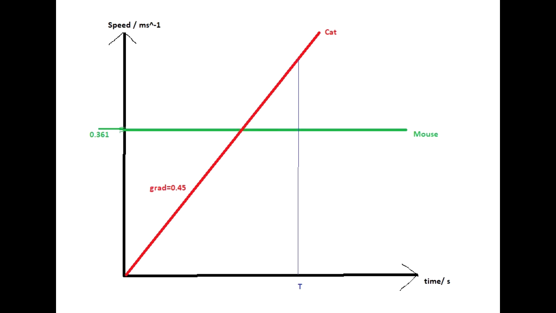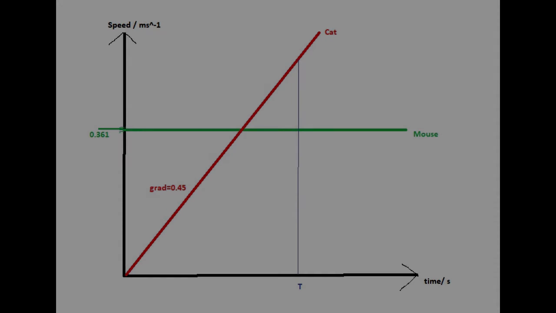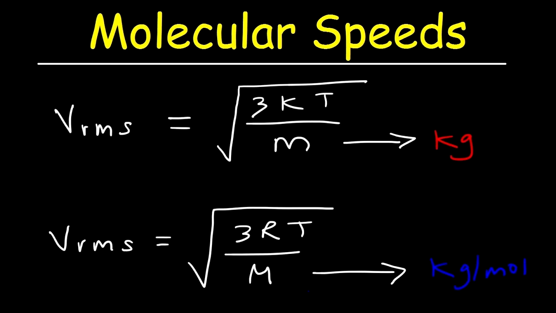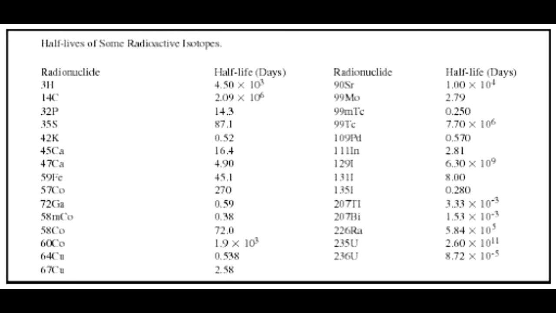Speed constant. A speed constant is a constant of proportionality that appears in a speed law. For example, k is a speed constant in the speed law dA/dt equals k A. Speed constants are independent of concentration, but depend on factors, mainly temperature.